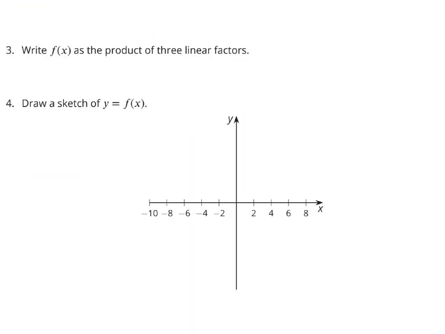Okay, now we had to write this as the product of 3 linear factors. x squared plus 6x plus 8. Now we've got to break down this trinomial into linear factors. So what you do is you list all the factors of 8: 1 and 8, and 2 and 4.